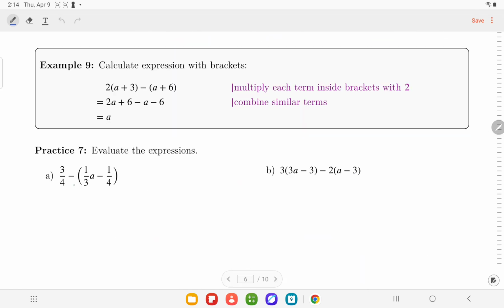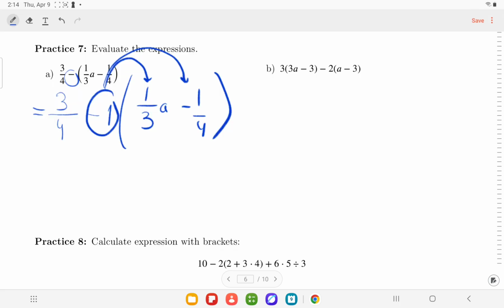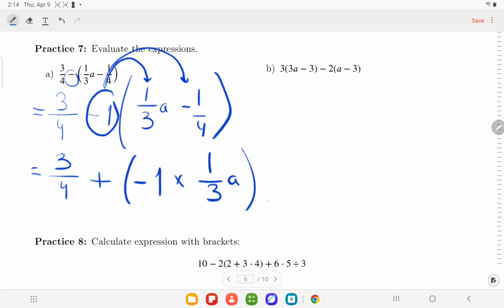Now, when you have only a negative in front of brackets, there's a little 1 there. So this can be written as 3/4 minus 1 times your bracket. So this negative 1 is what's getting distributed. So we end up with plus negative 1 times 1 over 3a.